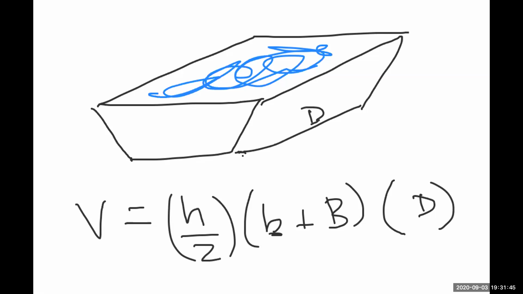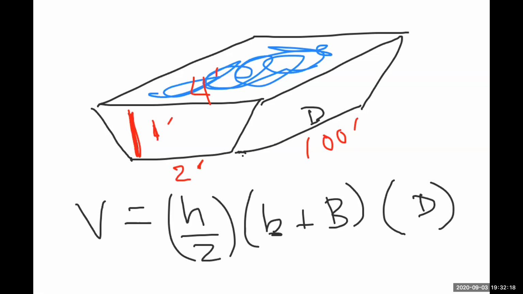So if the height was 1 foot, and the top width was 4 feet, and the bottom width was 2 feet, and the depth was 100 feet, just keeping math simple, what would be the volume of water that this ditch could hold?